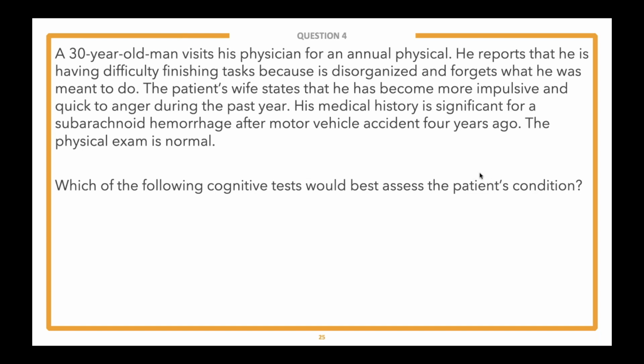The patient's wife states that he has become more impulsive and quick to anger during the past year. His medical history is significant for a subarachnoid hemorrhage after a motor vehicle accident 4 years ago. The physical exam is normal. Again, the question: which of the following cognitive tests would best assess the patient's condition?